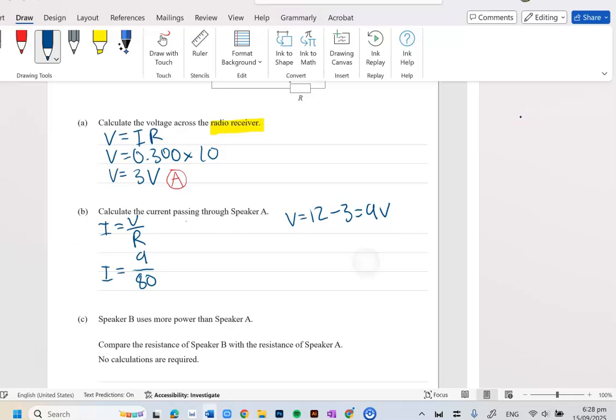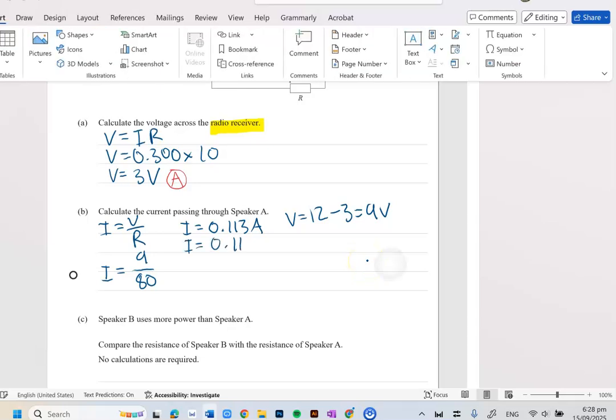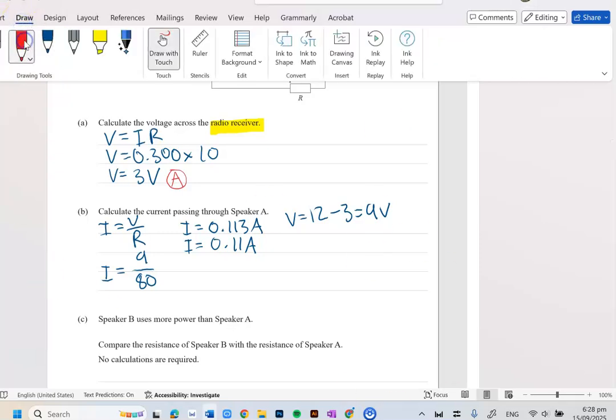So our current will equal 0.113 amps, and if we want to round it, we can to I equals 0.11 amps to two significant figures. Alright, this is actually a merit question.